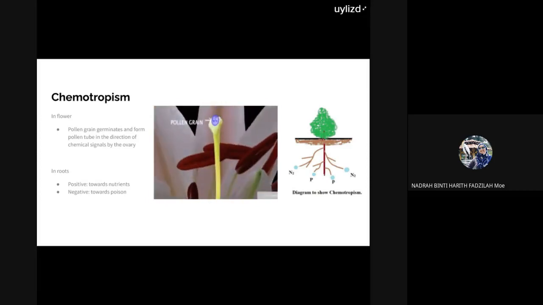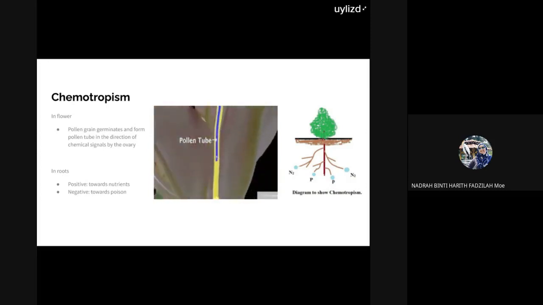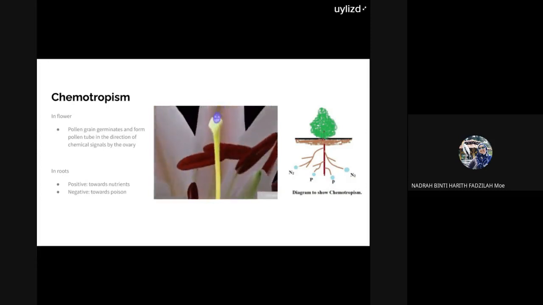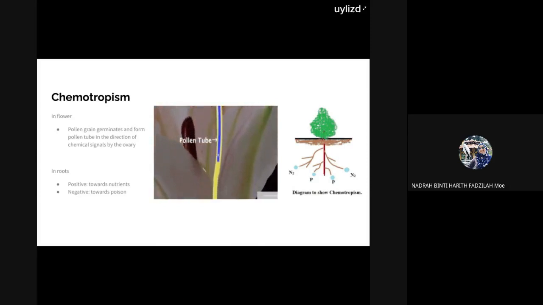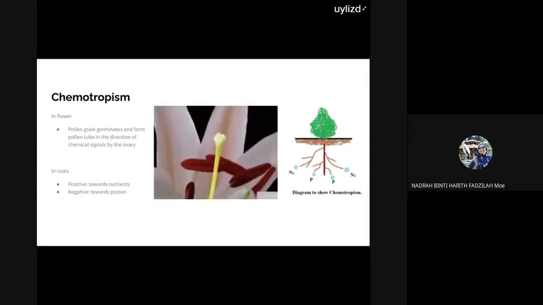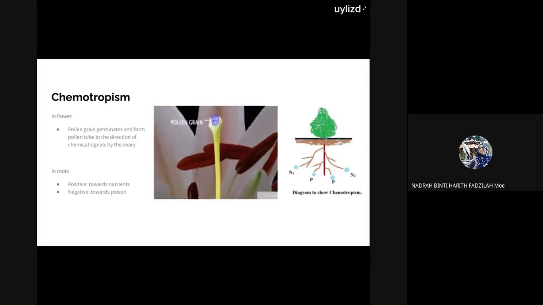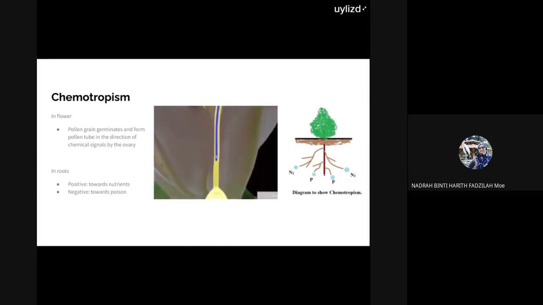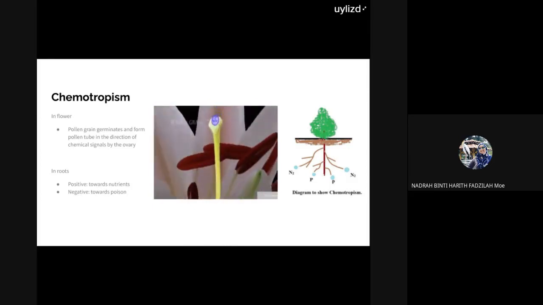Another aspect of chemotropism tak ada dalam textbook, tapi saya rasa it is okay for me to mention because you already observe the formation of pollen tube. So formation of pollen tube tu is also a type of chemotropism. The germination of the pollen grain will produce pollen tube, and the pollen tube will go downwards because it detects the chemical signals by the ovary.